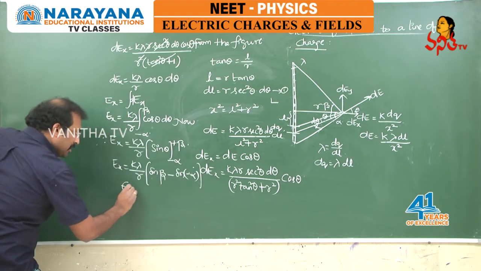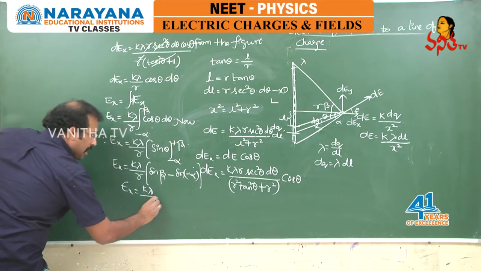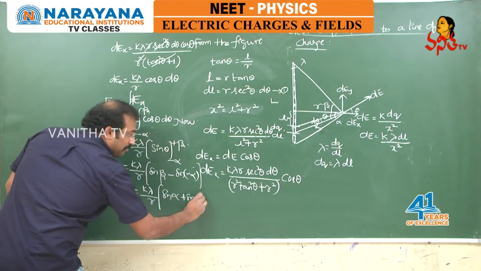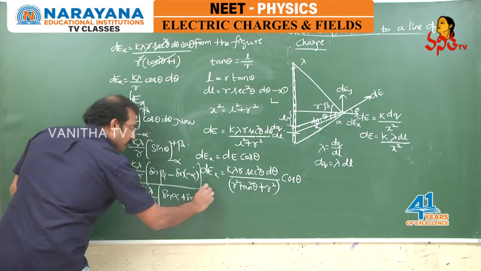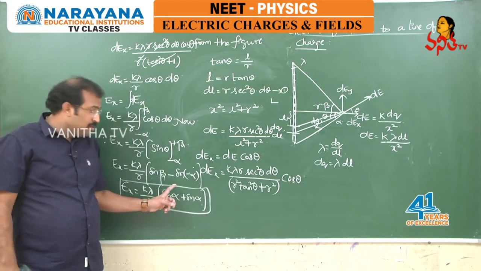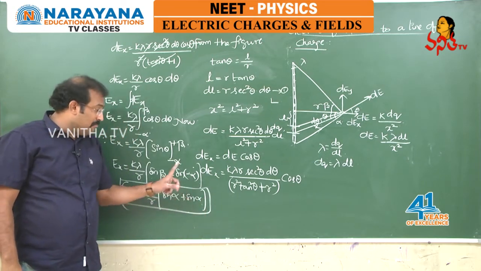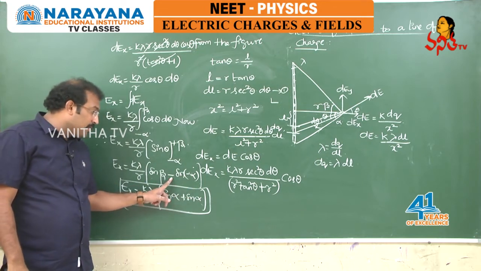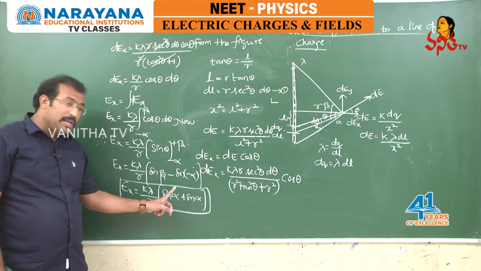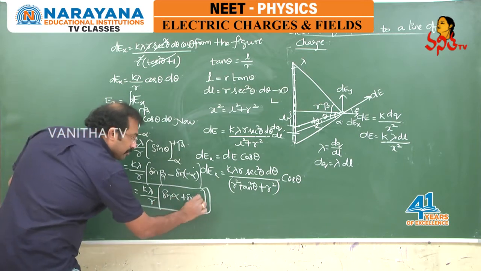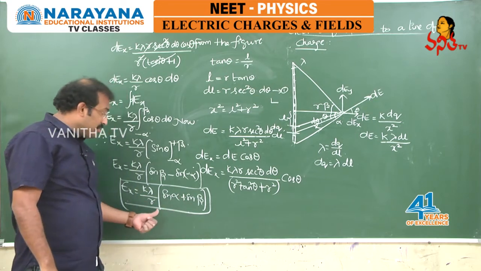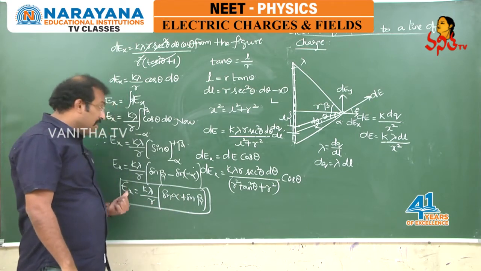Because sin of minus alpha is minus sin alpha, the minus comes forward, so Ex is equal to k lambda by r into sin alpha plus sin beta. Okay, this is the final equation of Ex.